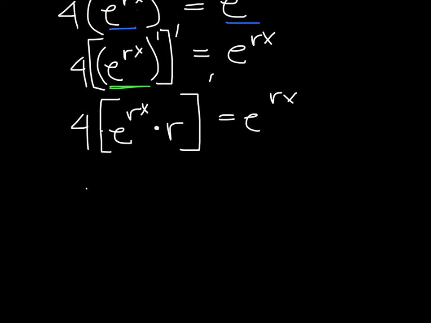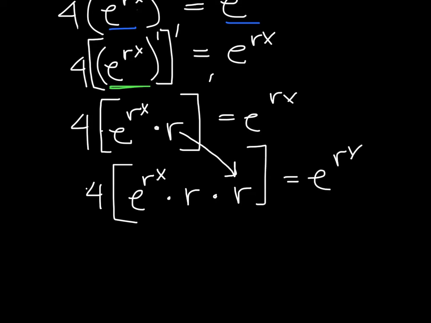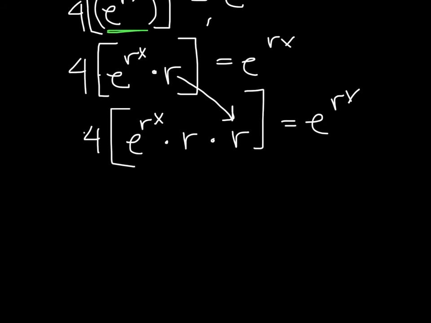And again, let's take the derivative again. So 4, and right, r is just a constant, so we're just going to carry this along. So e to the rx times r, right, the derivative, and then this r just drops down. So equals e to the rx. And we're pretty much done differentiating.